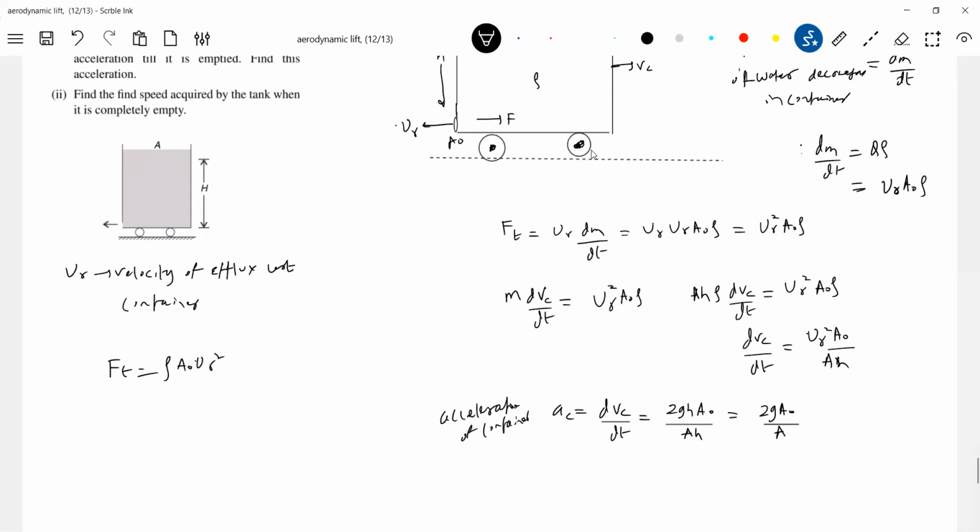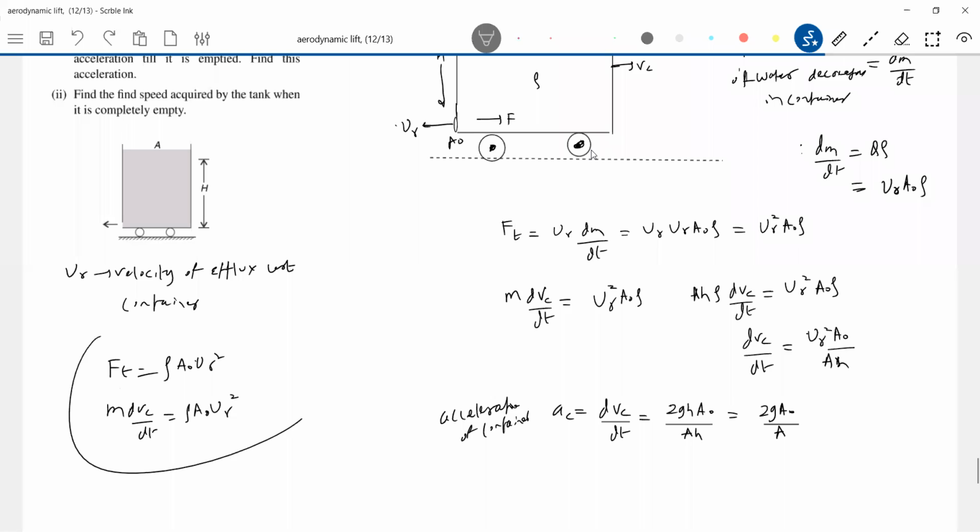Finish. This thrust force only will accelerate it, m into dVc by dt. What is m? The mass of the liquid in the container at any time t. Solve it and dVc by dt will become the acceleration of the container. Directly you can start from here.